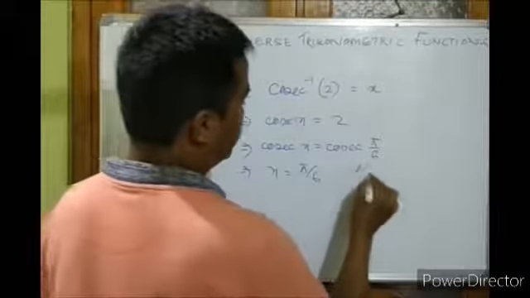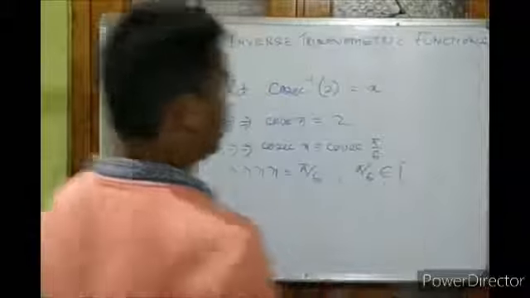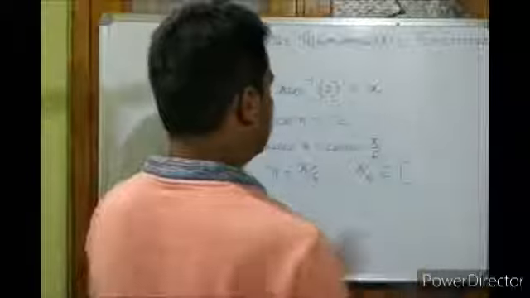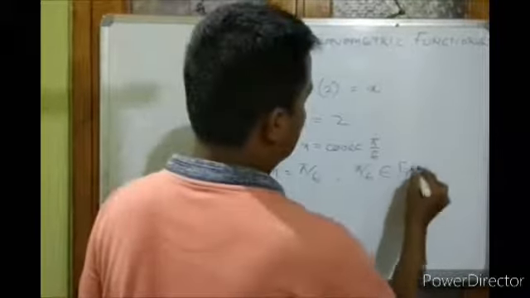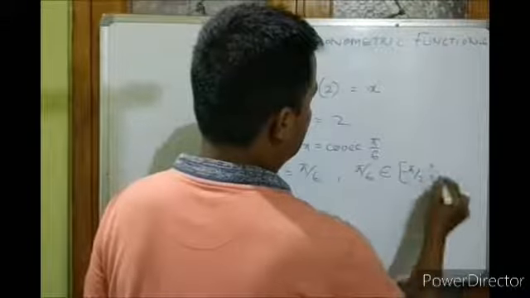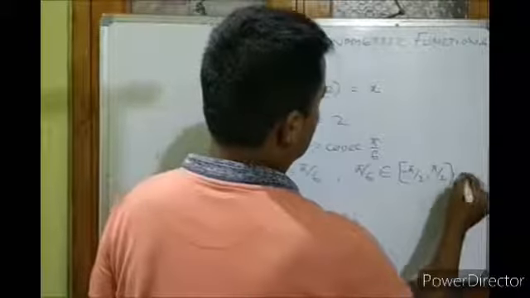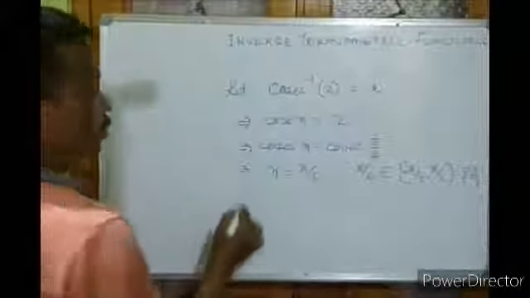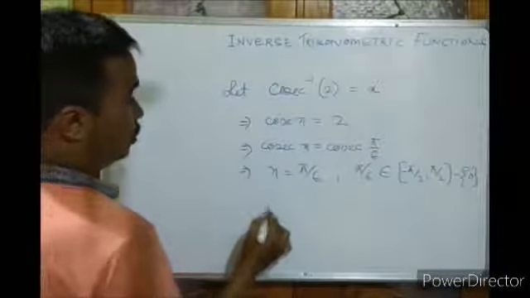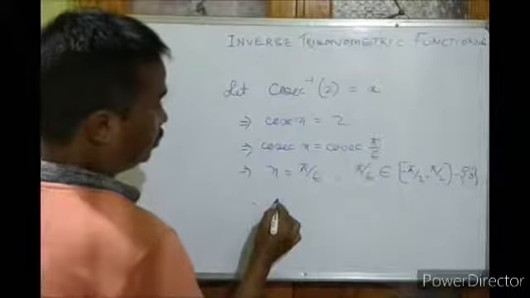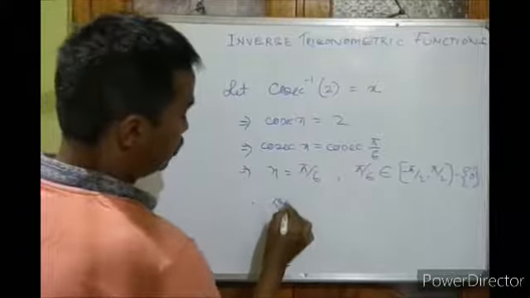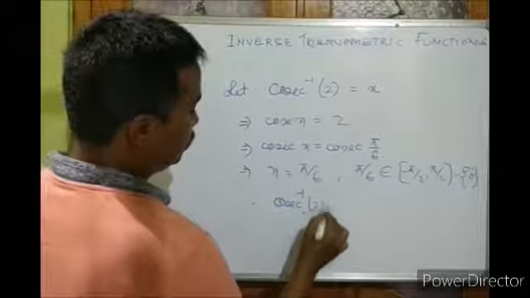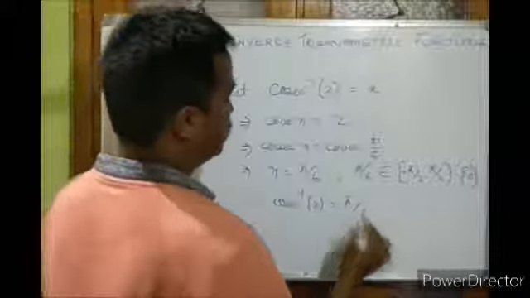Pi by 6 belongs to this closed interval minus pi by 2 to plus pi by 2 minus 0, in the principal value branch. So therefore cosec inverse 2 is equal to pi by 6.